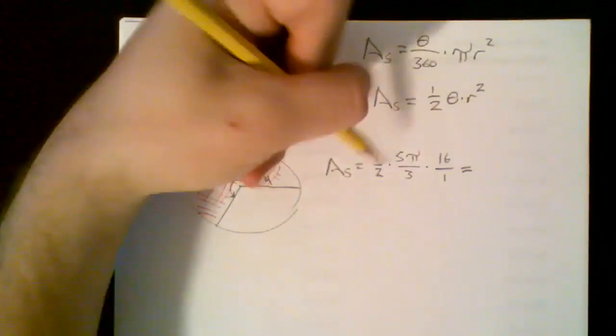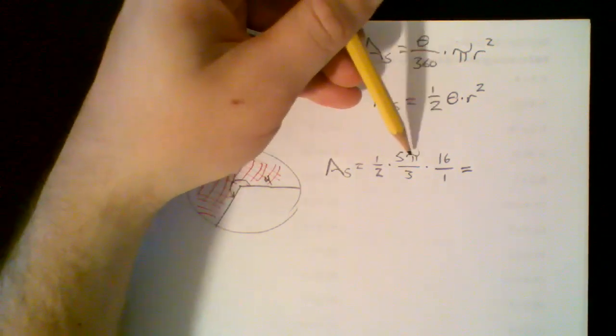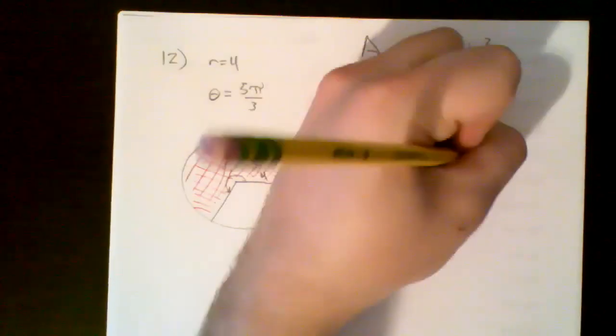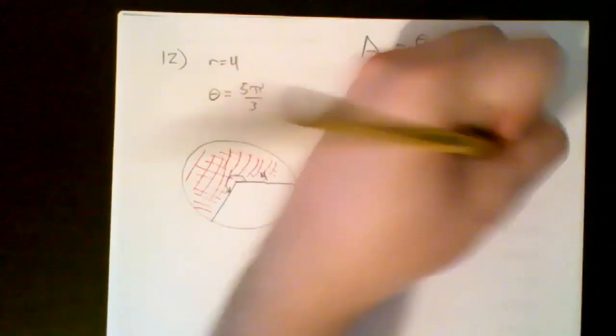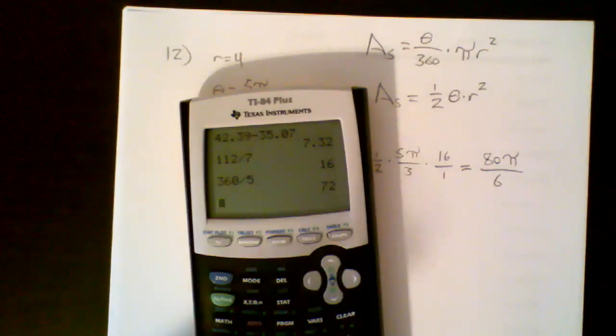We're just multiplying a bunch of fractions. So 1 times 5 pi times 16, that's going to give us 80 pi, over 2 times 3 times 1, which is just 6. Does 80 over 6 simplify?